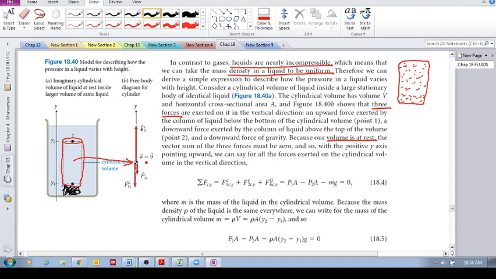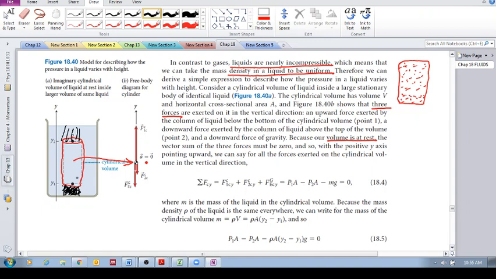It's the force of the water at the bottom applying a force to keep this body of water up. Then we've got the force of the water over here pressing down at 2. That's F2c. And as you can see, F1c is much larger than F2c.